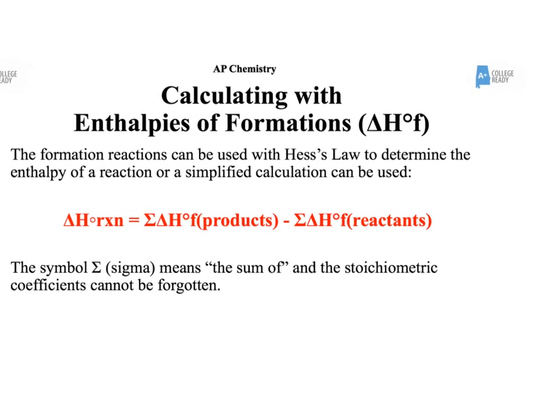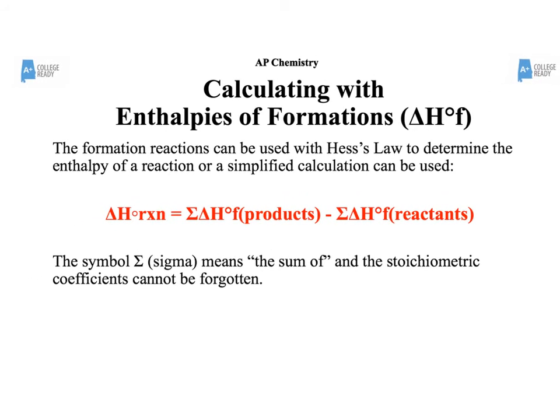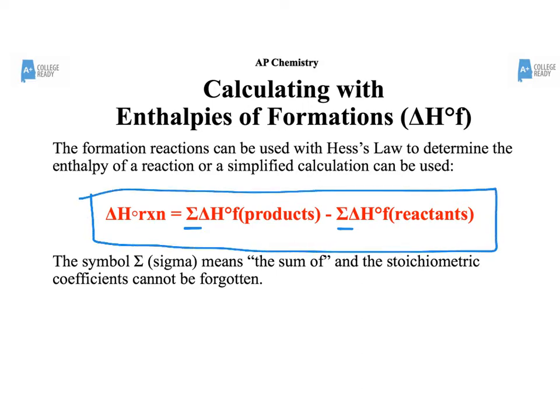This equation is found on your equation sheet, and the equation is the enthalpy of the reaction is equal to the sum of the enthalpy of the products. That's what this Greek letter sigma stands for. The sum of the enthalpies of formation of the products minus the sum of the enthalpies of formation of the reactants. This equation right here is definitely on the AP equation sheet.